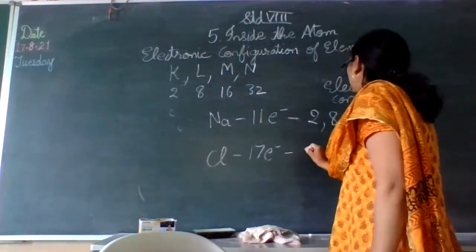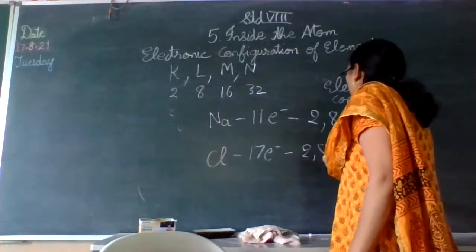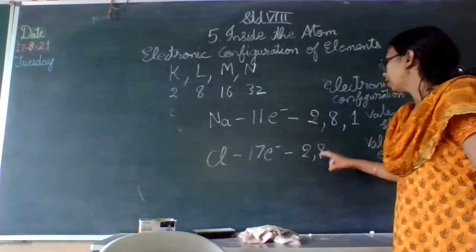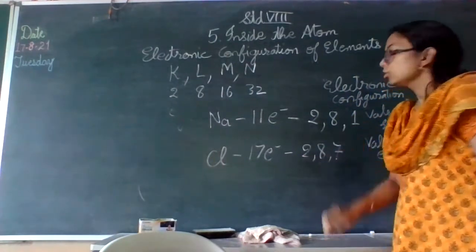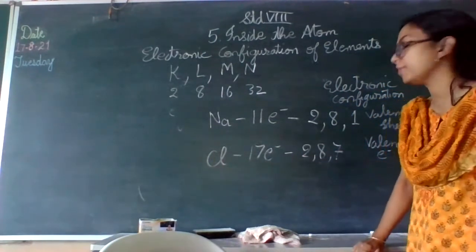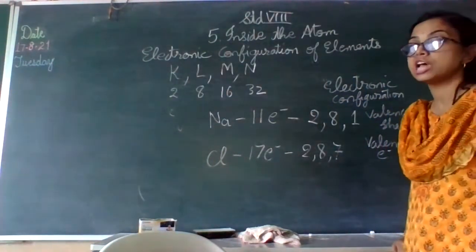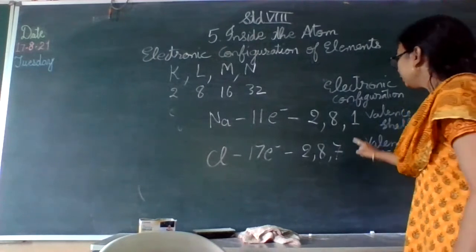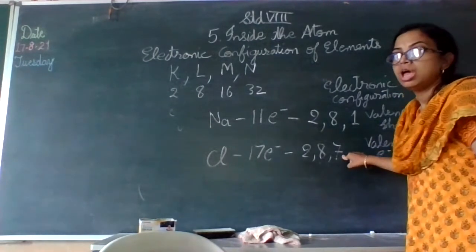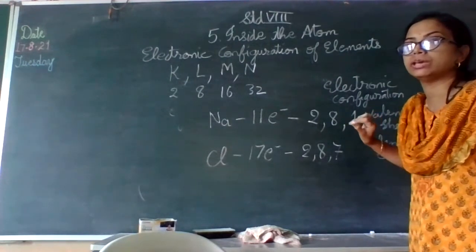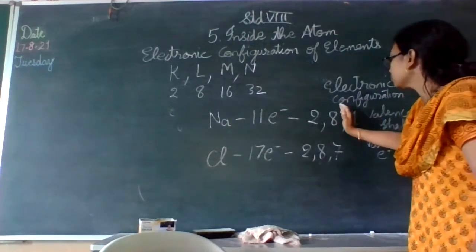In that case, how to divide? 2, 8 and remaining how much? After 10 is 7. Chlorine is having 7 as its valence electron, 7 electrons in its outermost shell. So it needs 1 electron and sodium wants to shed off this 1 electron, give it away, so that it will become stable.